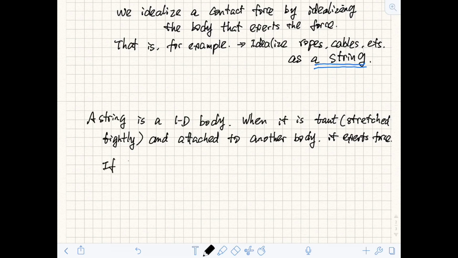And if the string is not taut, then the force exerted by the string is 0.